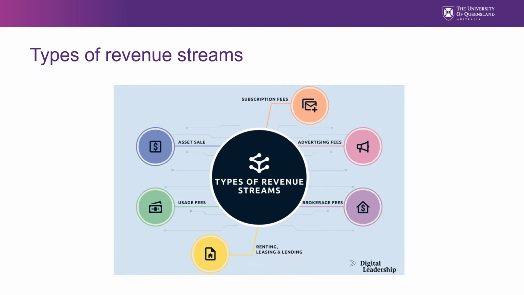So we have an asset sale revenue stream where essentially customers pay for a good or service. Selling assets is a one-time transaction and therefore fairly limited. This is a simple form of creating revenue, though it's short-term and depending on the market can be difficult to predict. The next kind is usage fees.